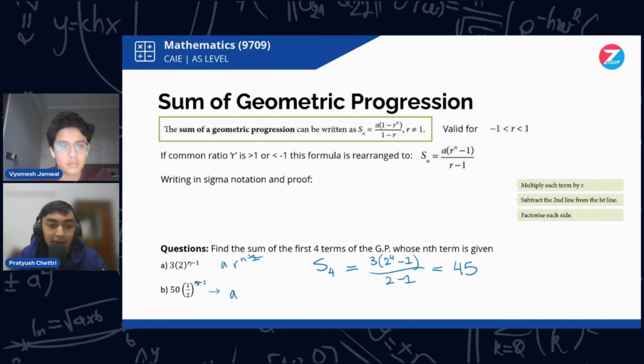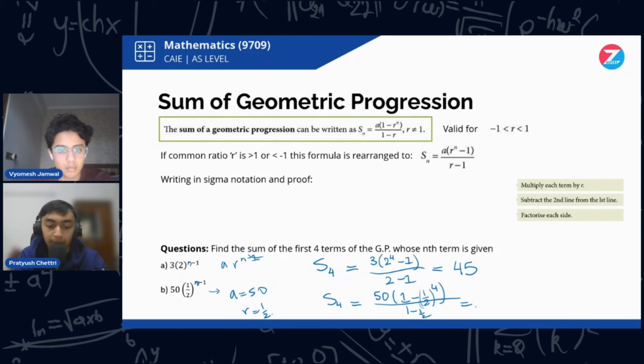So a is 50, r is 1/2. I'm going to use the sum of the first 4 terms: 50 times (1 minus half to the power 4) divided by 1 minus half.